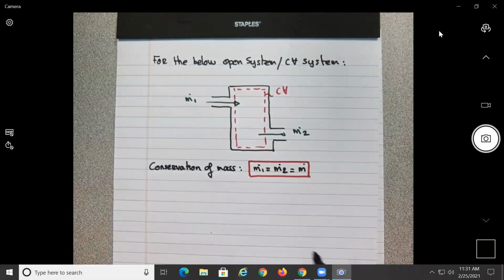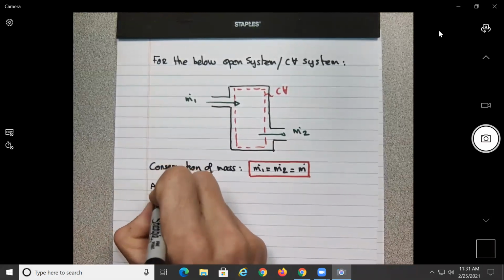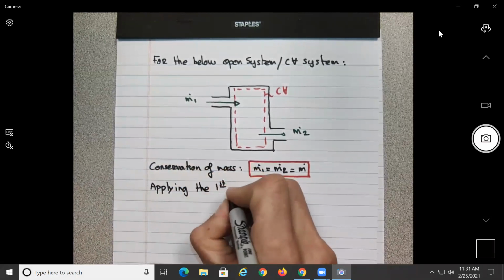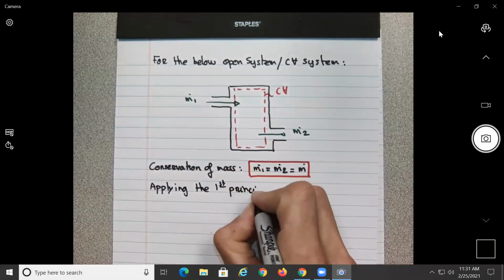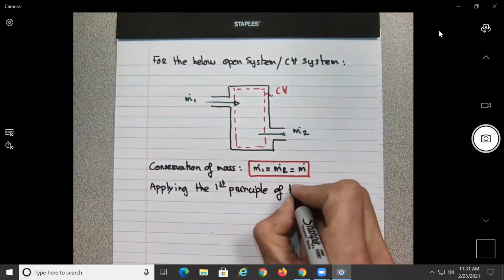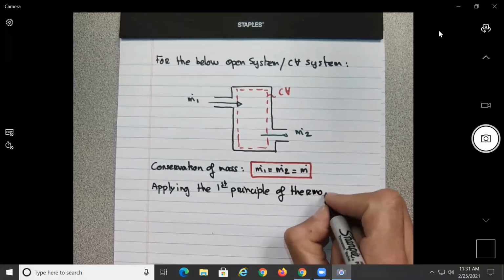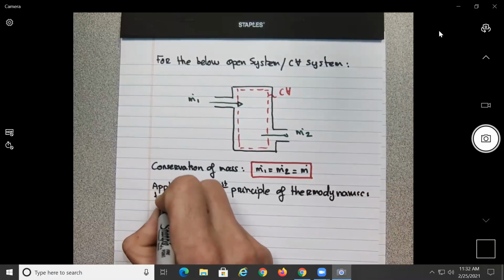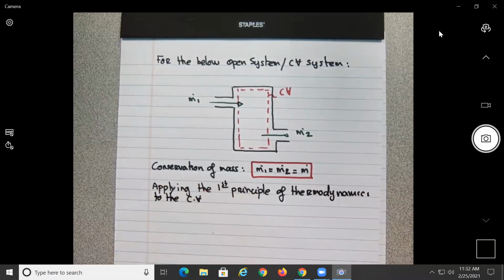All right, so now let us apply the first principle of thermodynamics to the control volume that I call C.V. with a bar. Okay, so if you remember the general form of the control volume, if we use the textbook notation, what do we have?